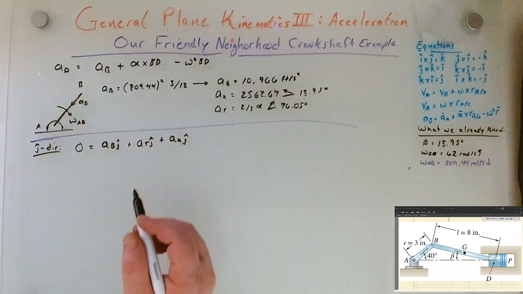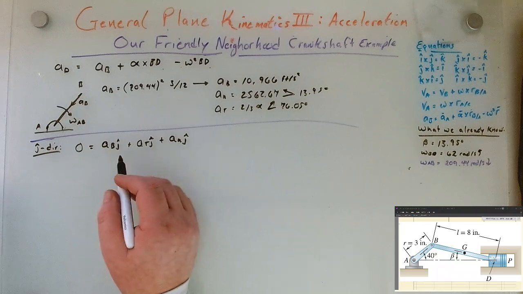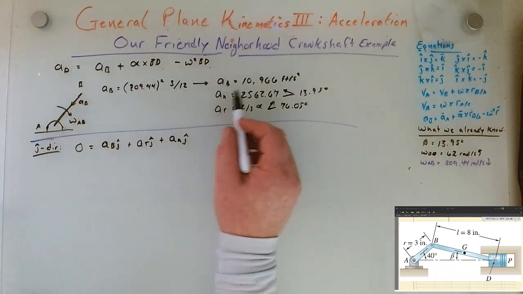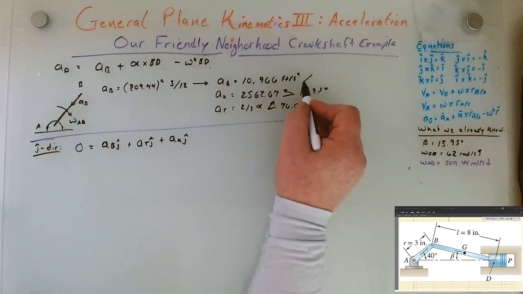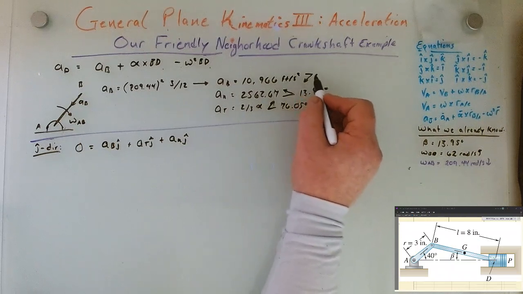Okay, so what do we got here? The j direction for this is, so this guy is this way at 40 degrees.